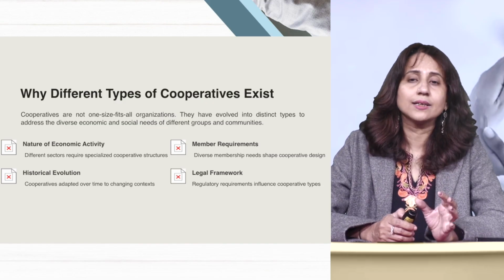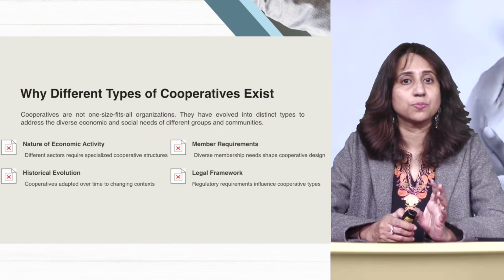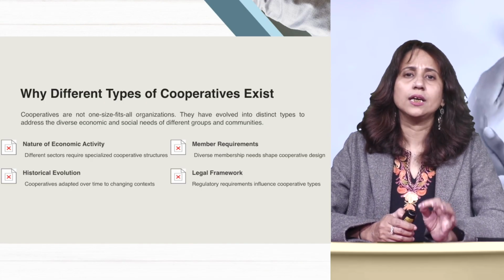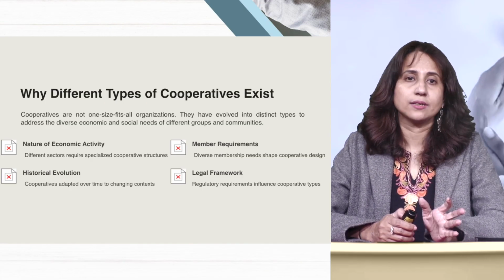So, understanding this evolution helps us to explain why certain types are more prevalent in a particular region or sector. And many countries, including India, have developed specific legal categories for different cooperative types, each with its own registration requirements, government norms, and regulatory oversight.